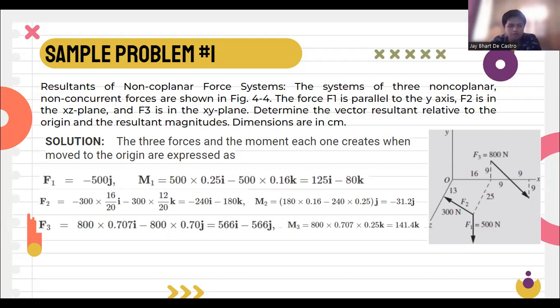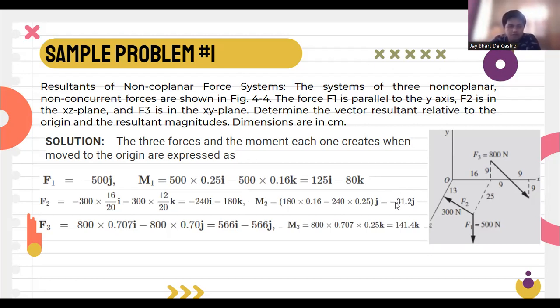F sub 2 is equal to negative 300 times 16 over 20 minus 300 times 12 over 20 k, equals negative 240 minus 180k, and M sub 2 is 180 times 0.16 minus 20 times 0.25, equals negative 31.2.